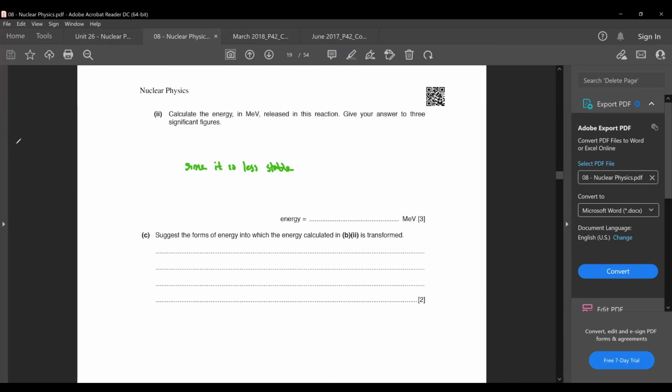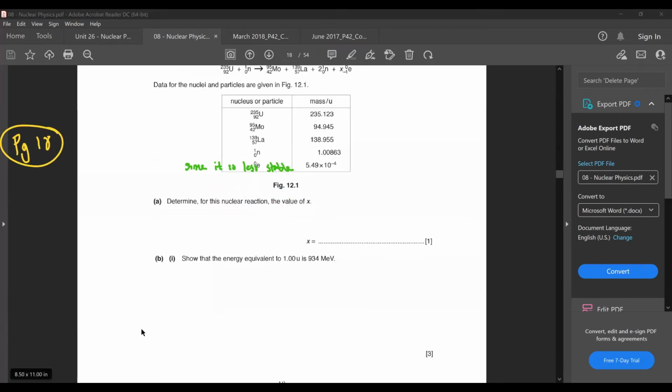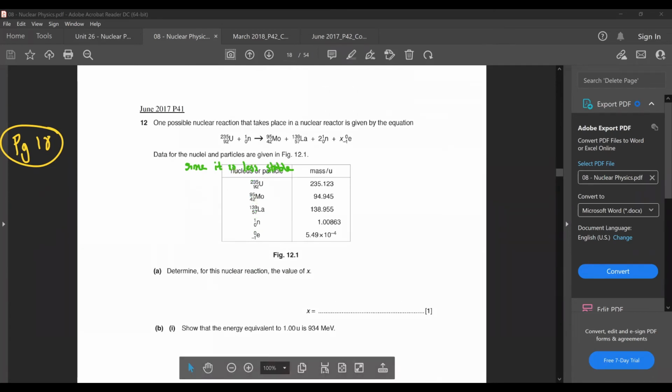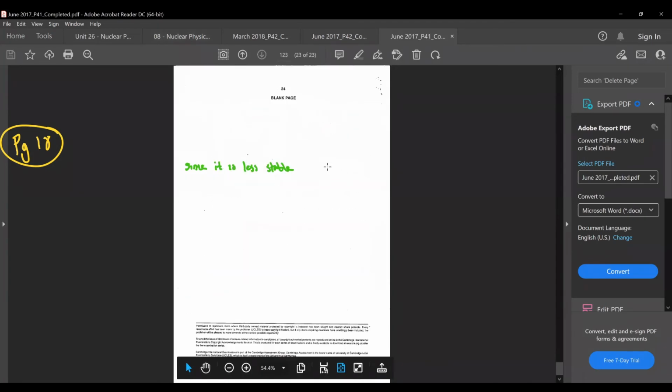This one is also teaching you how to use E equals delta m c squared. Have a look at page 18. This is June 17, P41. Again, this one is the very last question.